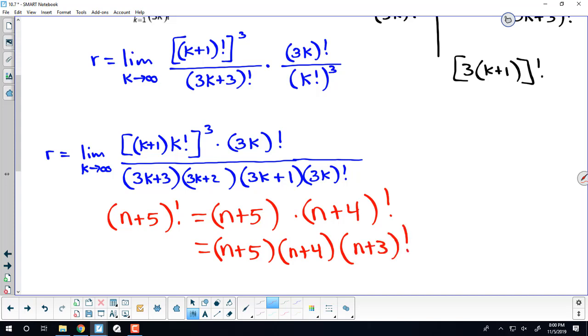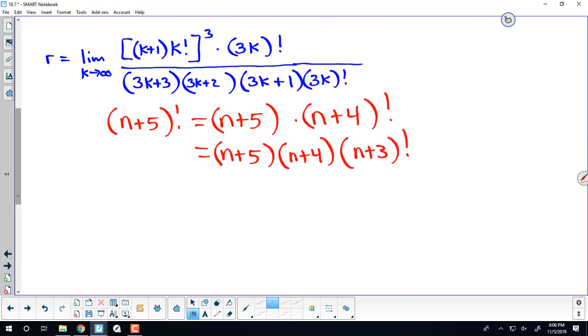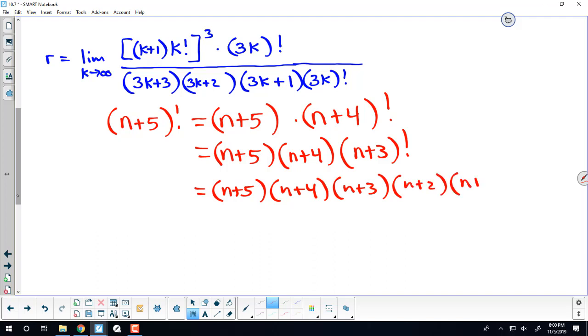So just keep making it one less and scooting that factorial over. Depending on what n is, I could even keep going and say times n plus 2 times n plus 1 times n minus 1 times n minus 2 times n minus 3 factorial, right? And how far you take that out is really dependent upon what's in your kth term that you need to cancel with.